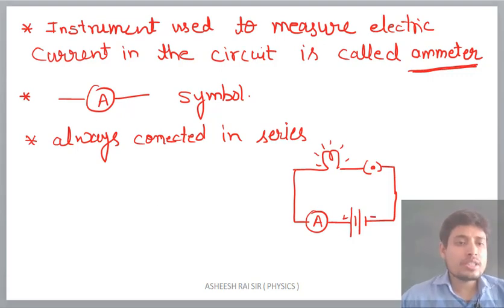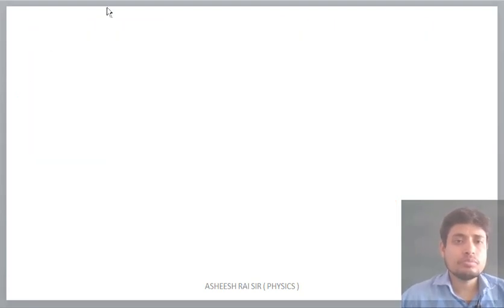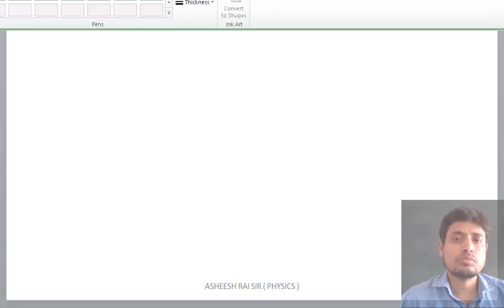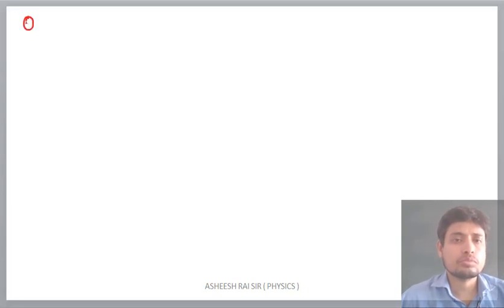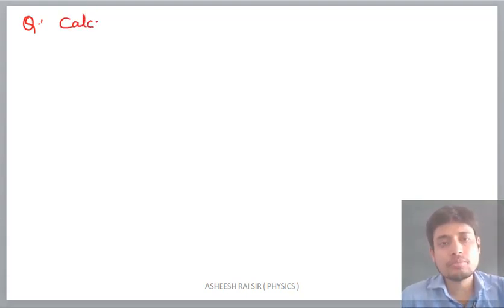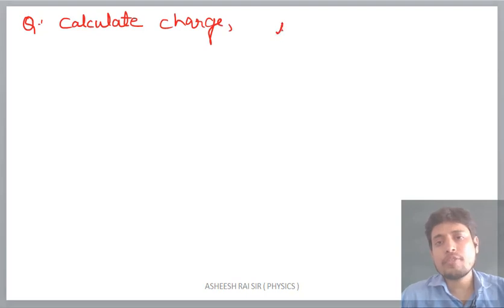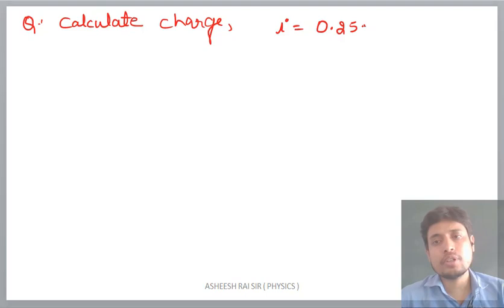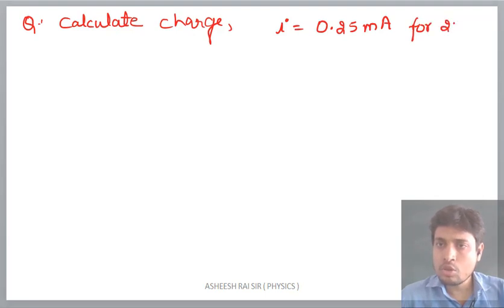Now there is one question. Calculate the amount of charge if the current in the circuit is 0.25 milliampere for 20 minutes.